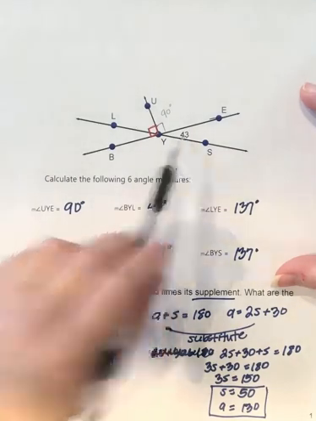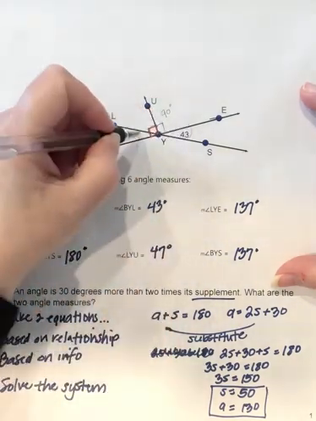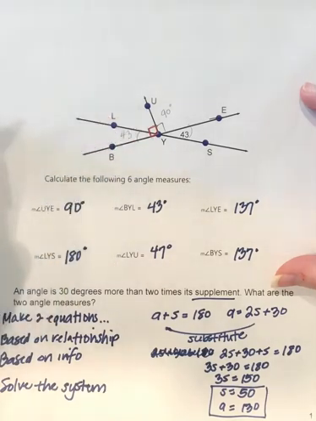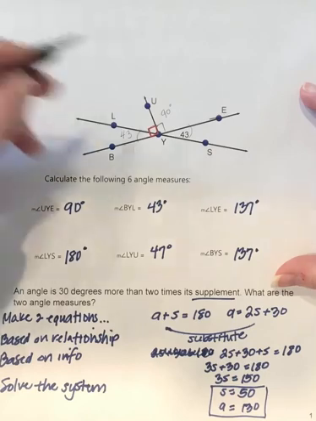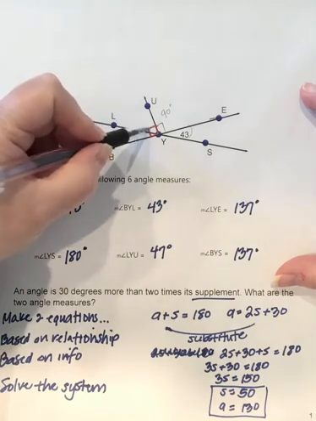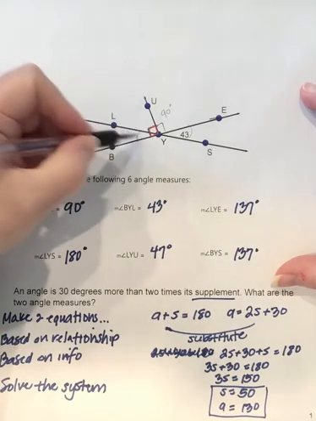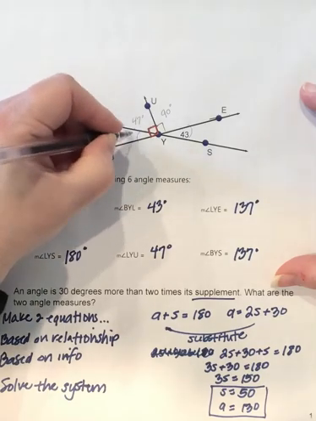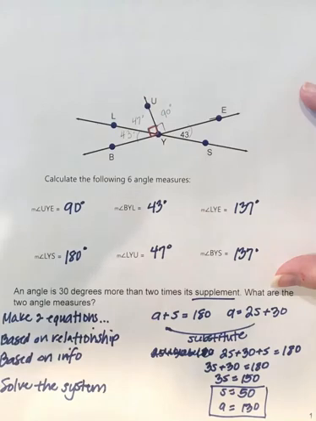If this is 43, here are my vertical angles, so I know this is also 43 degrees. If I knew this is 90 and this part of it is 43, then this part of it has to be 47. Because again, it has to equal 90 degrees.